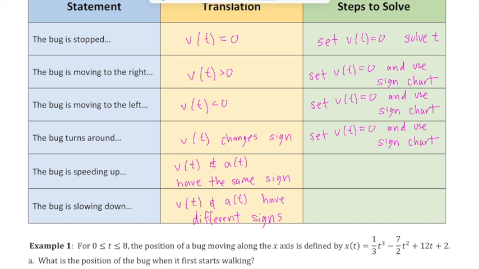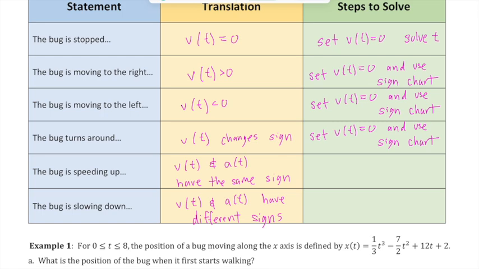And the difficult ones for at least students and other people to remember is when you're talking about speeding up, your velocity and acceleration have to be in the same direction. If you are slowing down, your velocity and acceleration are in opposite directions or have different signs.